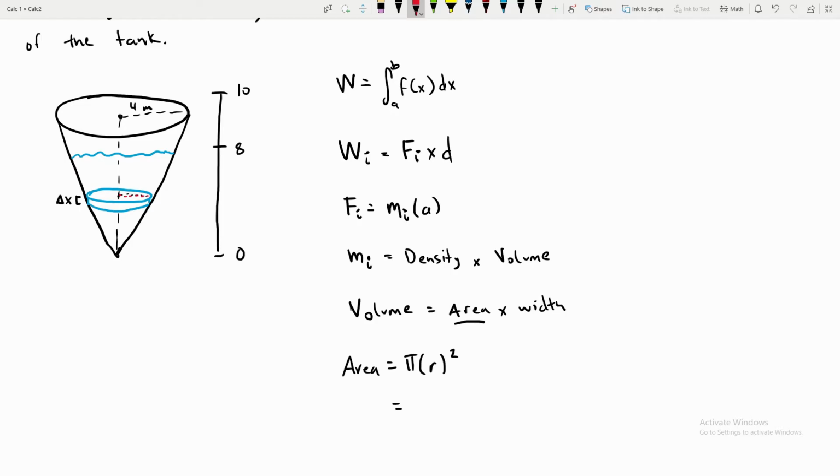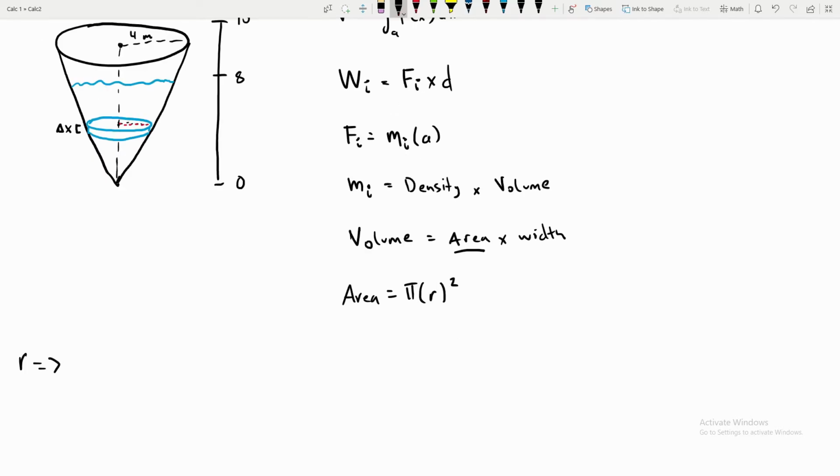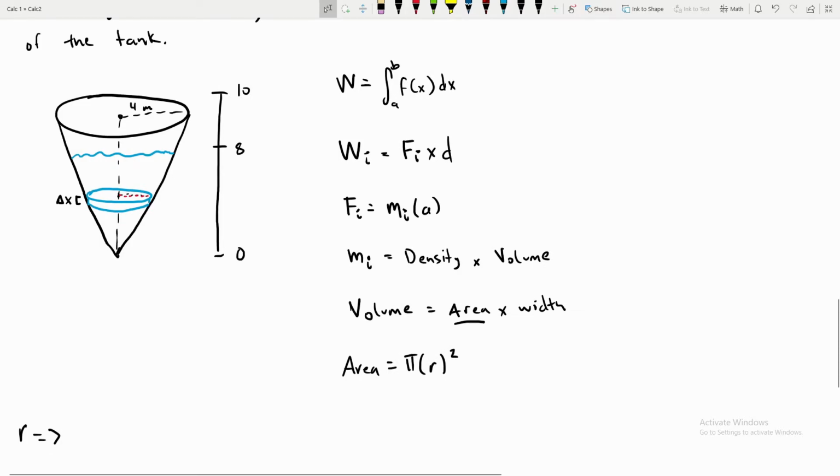One of the ways that we can figure out what the radius is is by using similar triangles. I've drawn this little black dotted line, this black triangle that we formed over here, and this is essentially the larger triangle. We know that this height right here is going to be 10, because that's the height of the cone. So the ratio is going to be 4/10, this radius to the height.